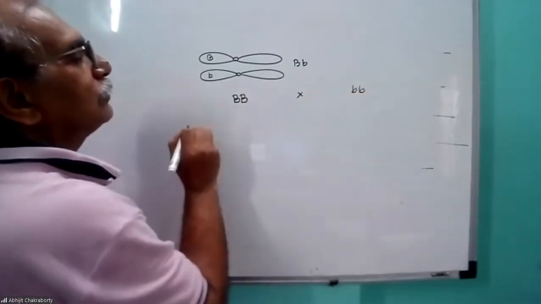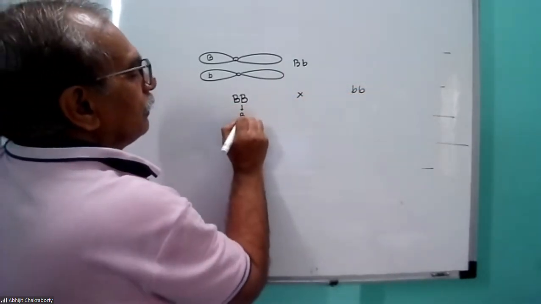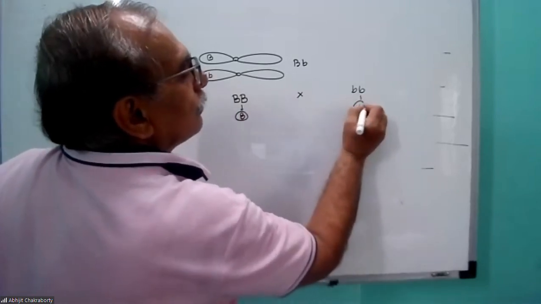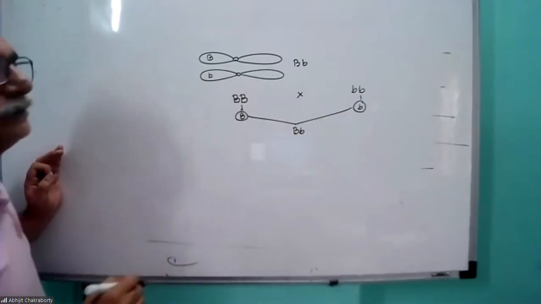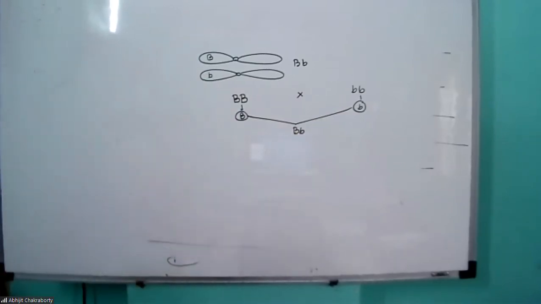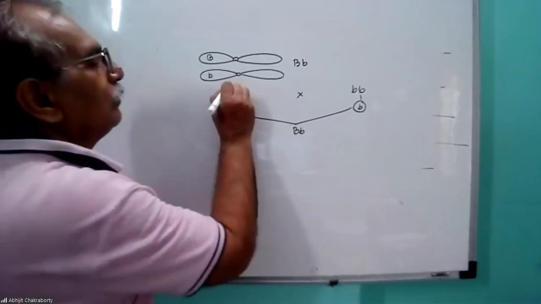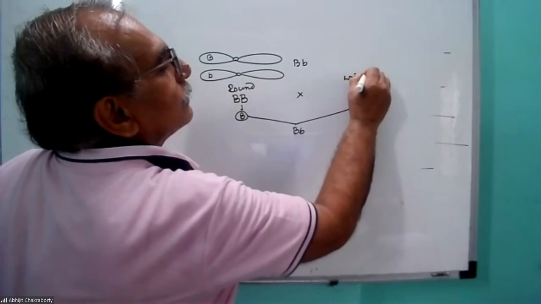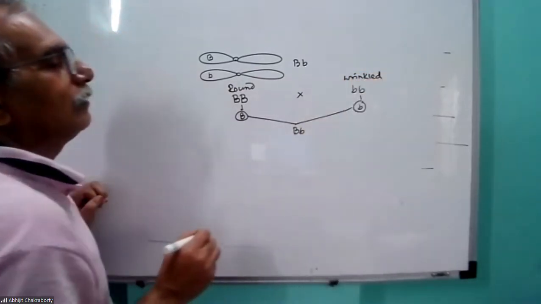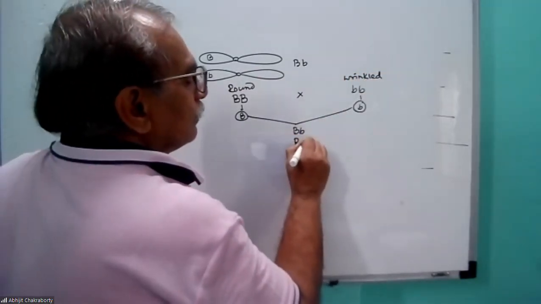Remember this thing? So whenever capital B and small b are crossed, phenotypically, the round shape and the wrinkled shape, it is found to be round.